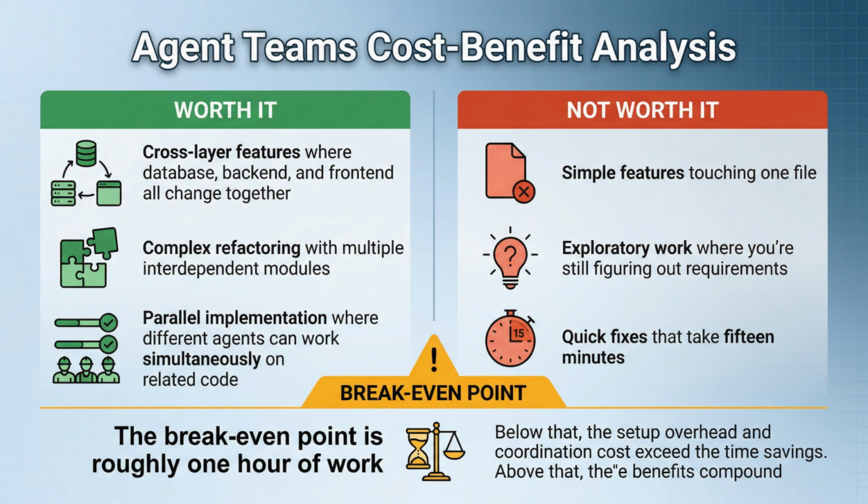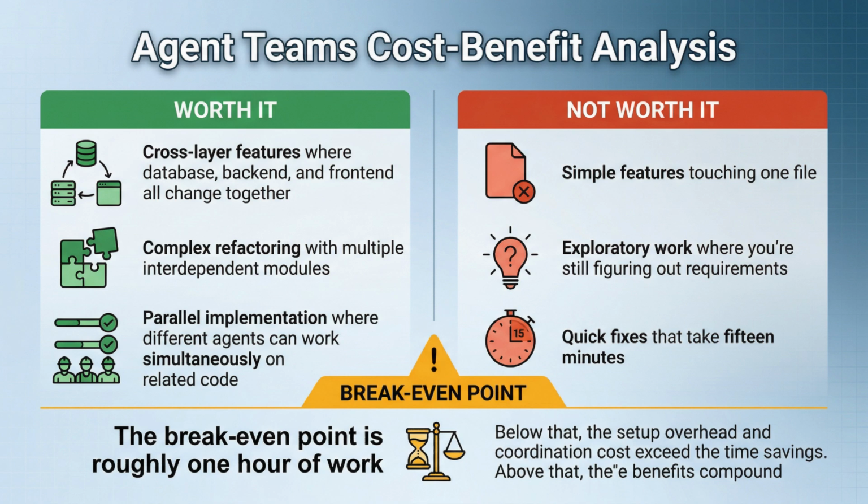Use this framework to decide if agent teams are worth the cost. Worth it for cross-layer features where database, backend, and front-end all change together. Worth it for complex refactoring with multiple interdependent modules. Worth it for parallel implementation where different agents can work simultaneously on related code.